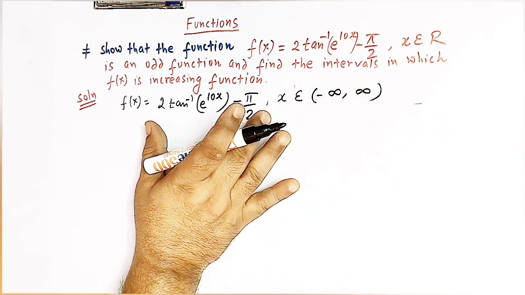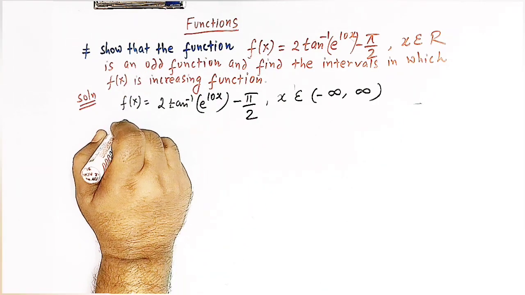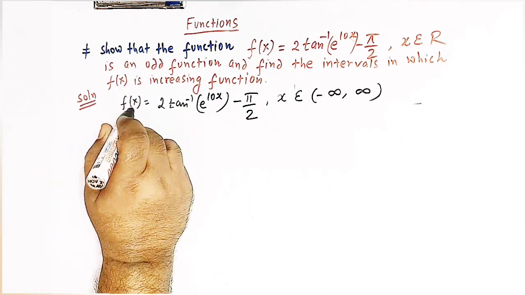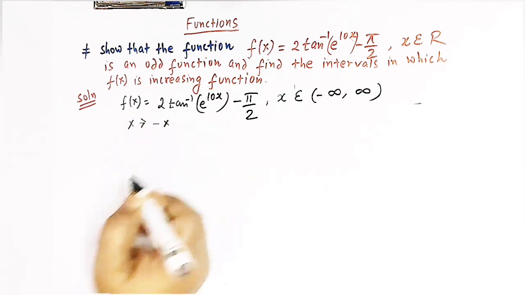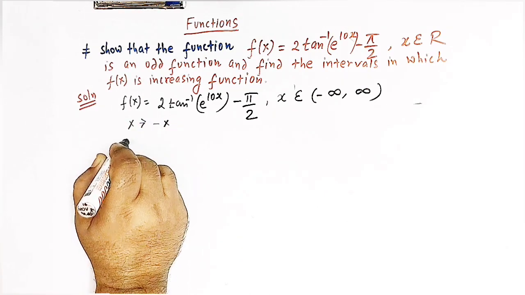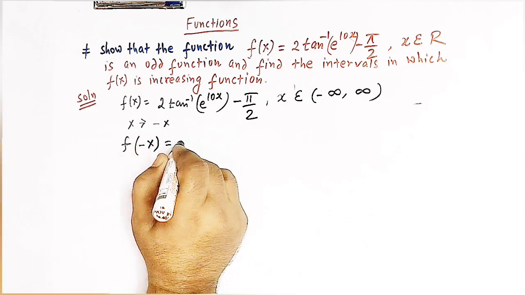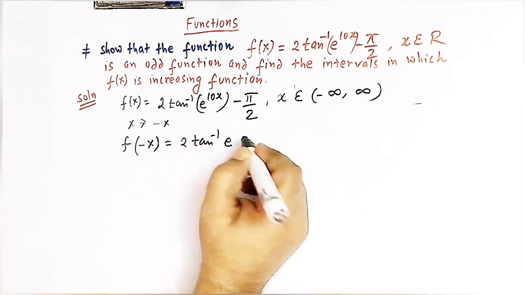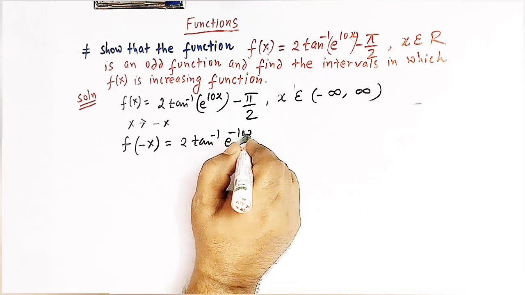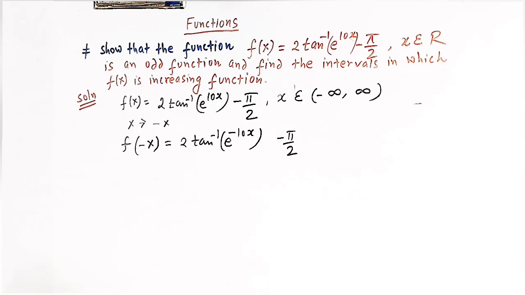So now here to show that this function is an odd function, let us replace this x by minus x, right? So what we will get, we'll get f of minus x is equal to 2 times tan inverse e raised to minus 10x, and here we have minus pi by 2, right?